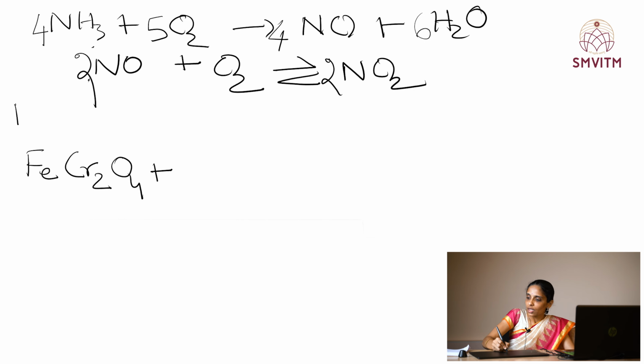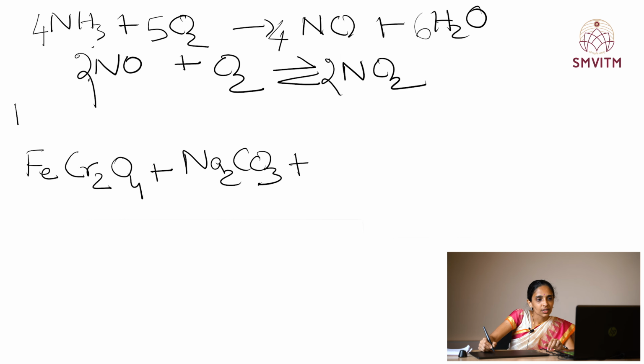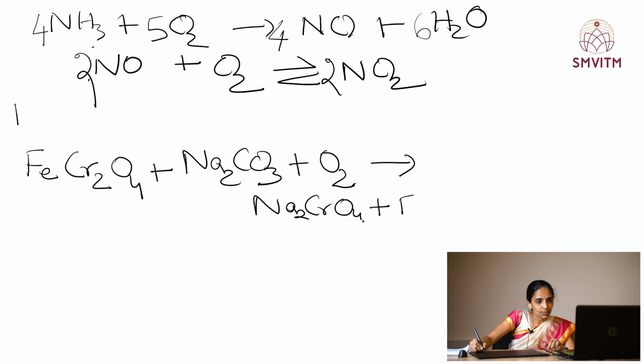FeCr2O4. Okay, so this chrome iron ore is fused with sodium carbonate in the presence of oxygen, and you get sodium chromate, a yellow colored compound, and as a byproduct you also get Fe2O3 and CO2.